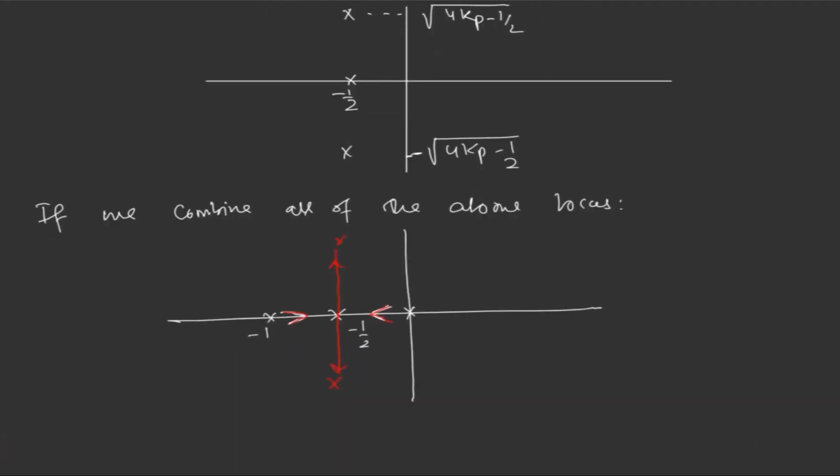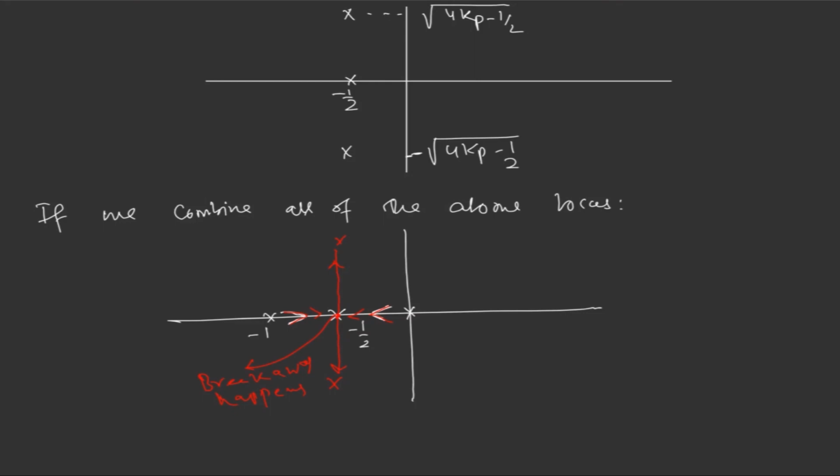So with the change of gain, the locus is changing. It's going in another direction, and at this point the breakaway happens. We'll be discussing in detail how we can find these breakaway points and where these poles are going.